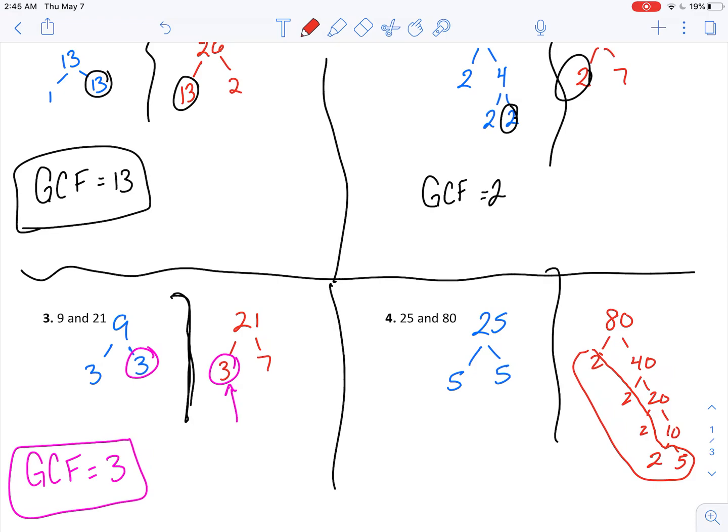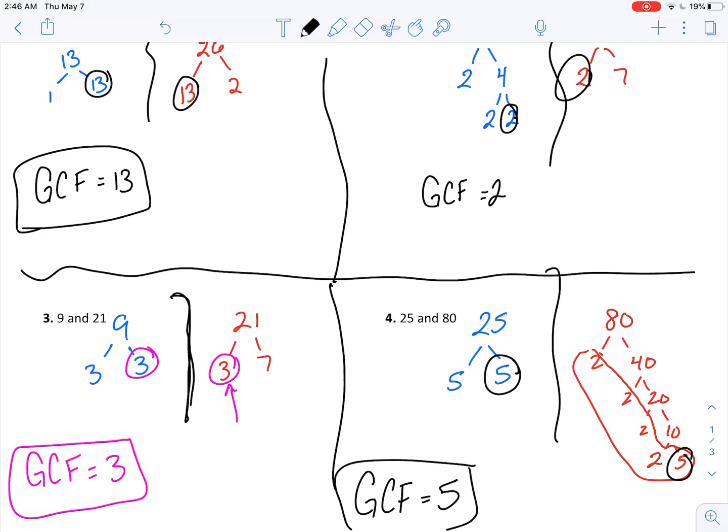Got my little boot drawn there around all my prime factors. And let's see, what do they have in common? I've got a 5 and a 5. I've got only 2's on the right, and I just have a 5 on the left, so nothing else in common. Alright, so my greatest common factor is just going to be, what did I circle here? Just 5.